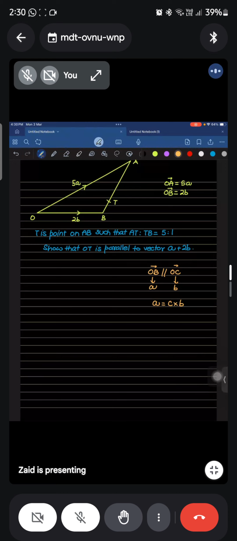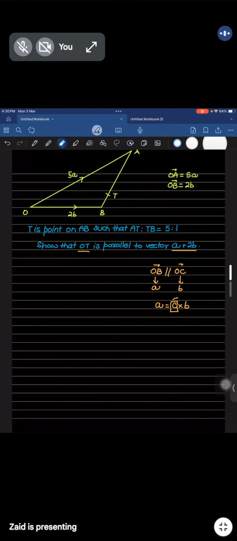They are parallel when they have the same values but multiplied with a constant. So I have to show that these two vectors are equal, but one of them will be multiplied with a constant.